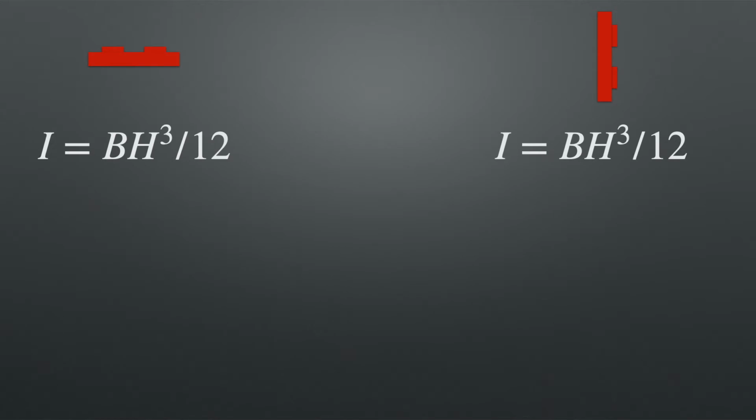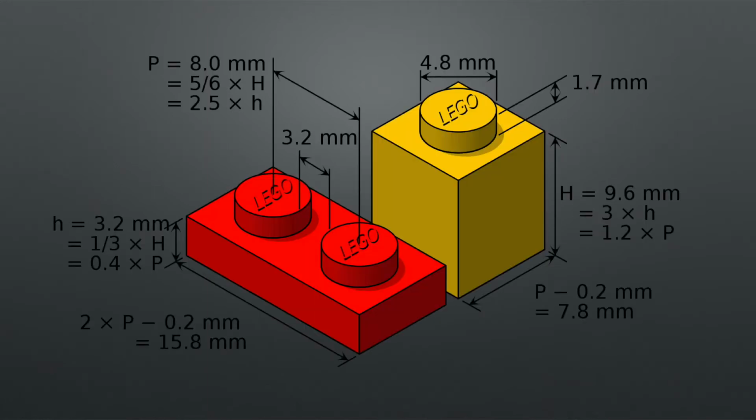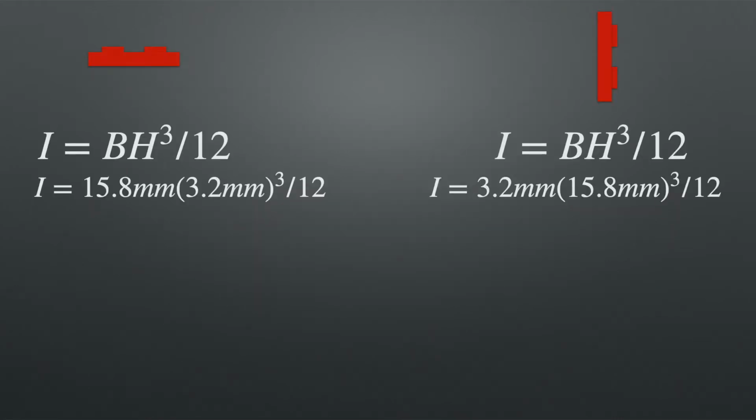Here is the example of our two Lego bricks. One plate is laid flat and one plate is laid vertical. If we look up the dimensions of Lego bricks, we can plug in and solve the moment of inertia for a flat plate and the plate on its side.